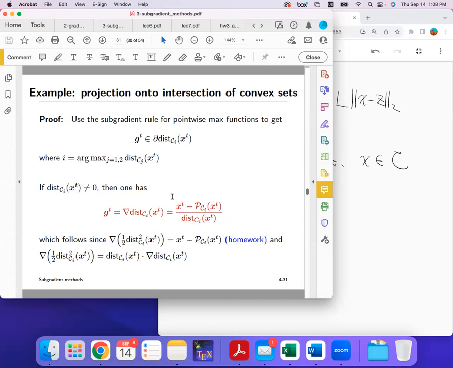You realize that this g_t has a unit norm. Why?